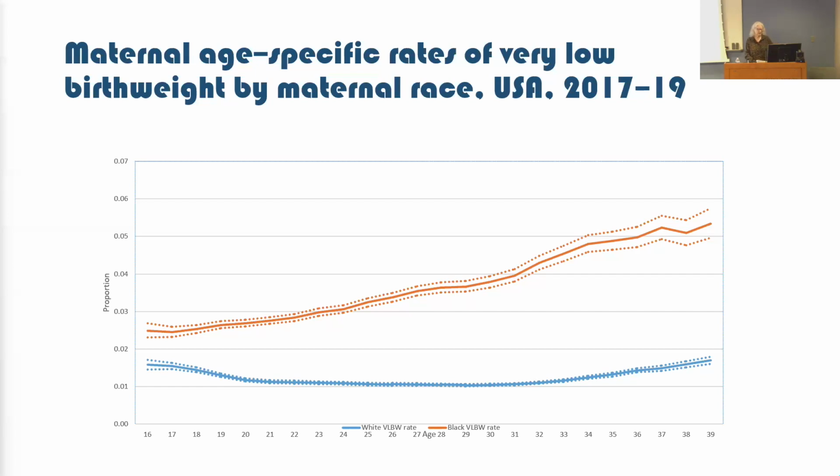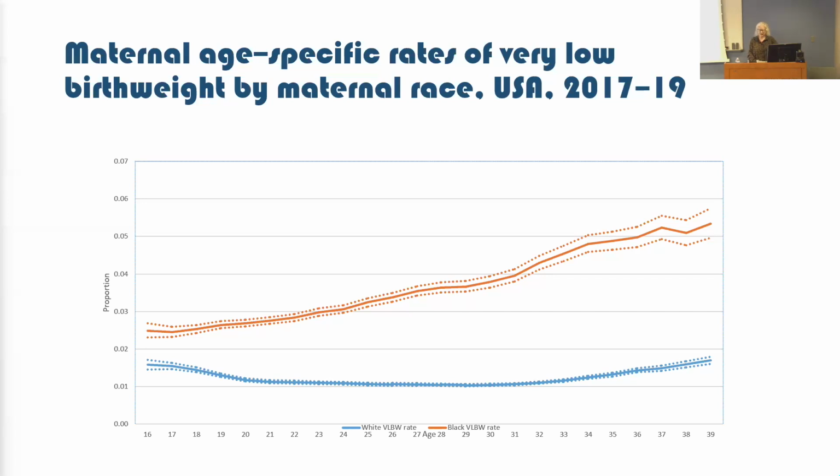is that we don't just see that the Black women have higher rates of very low birth weight at every single age, though they do, but we also see the age trajectory goes from the lowest risk ages being the teen years, and then it increases very steeply and almost linearly after that.